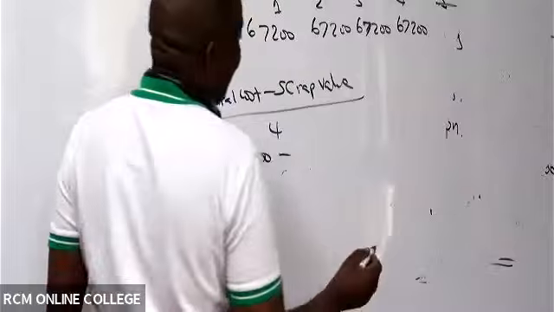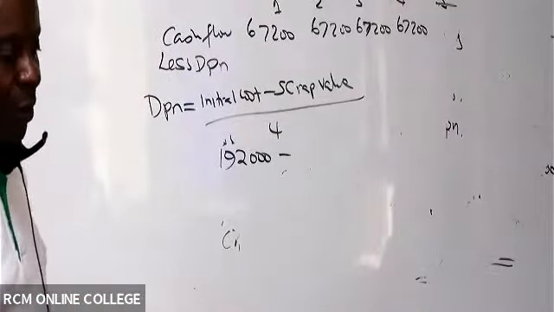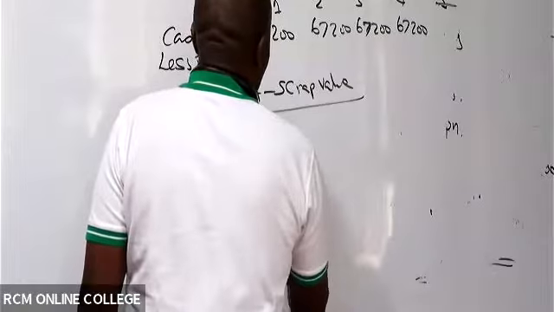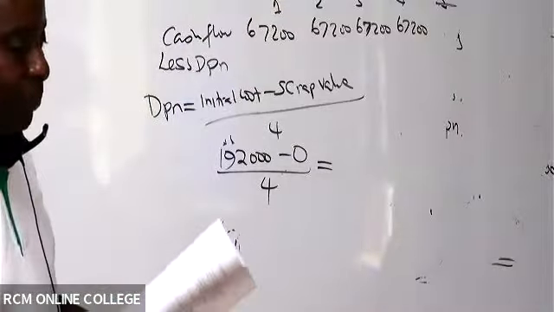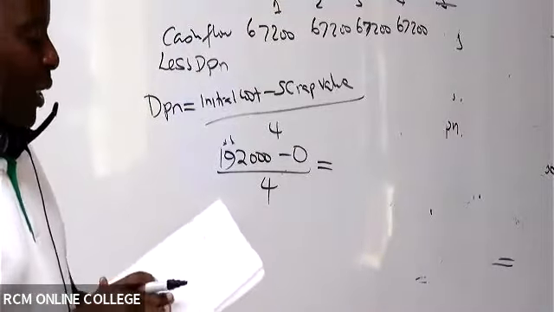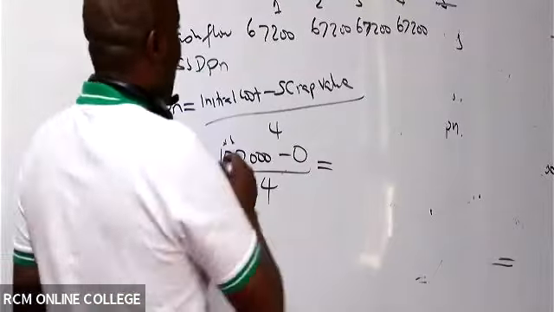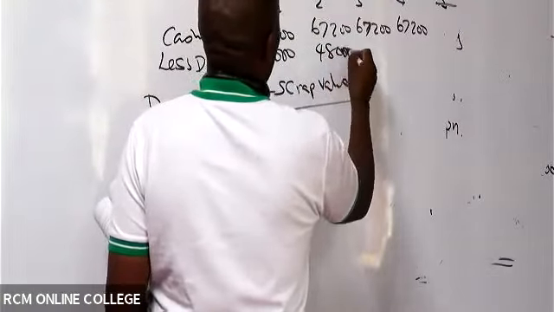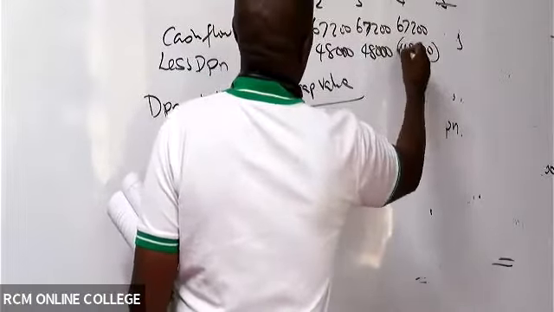Do we have any scrap value? No scrap value, 0. So divided by 4, we end up getting 48,000. Then we have 48,000 for each year.